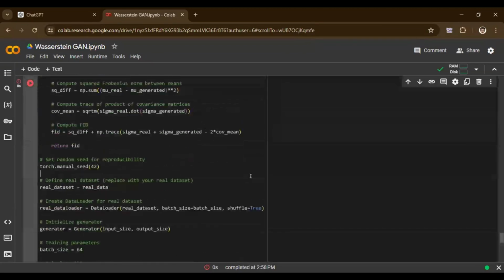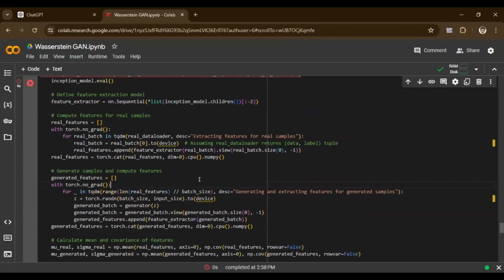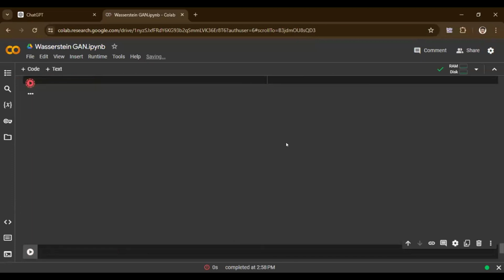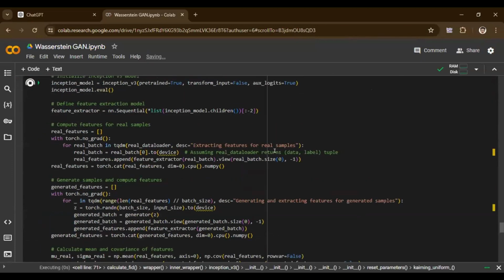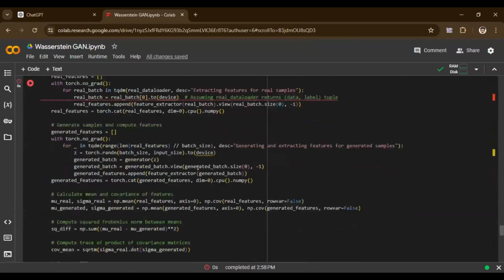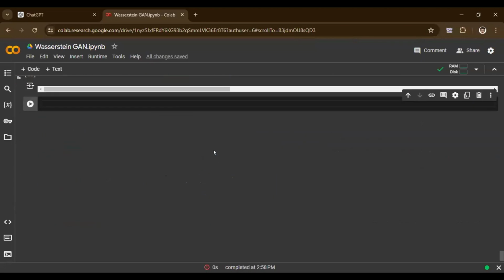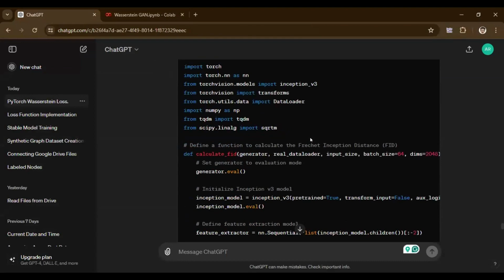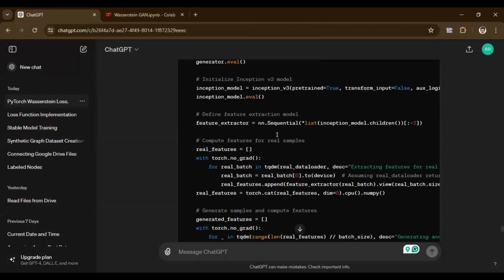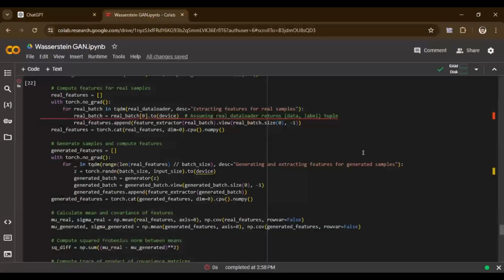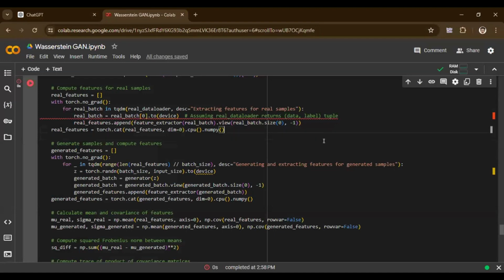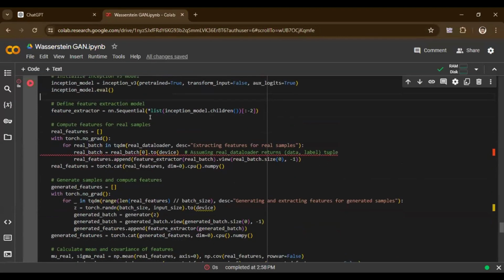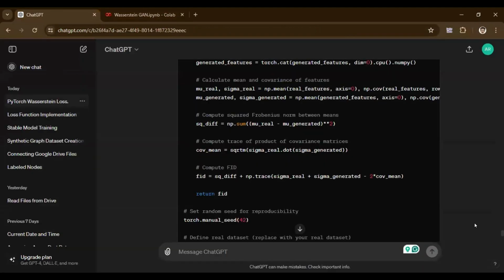Still error, got false. It should be true. This is still using the inception model. I think there's some difference while calculating the evaluation of the model with a score.